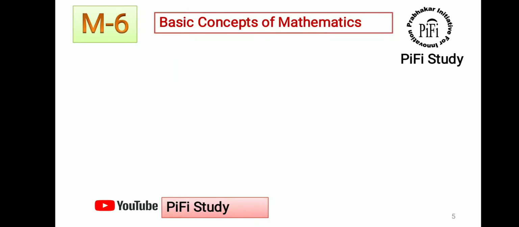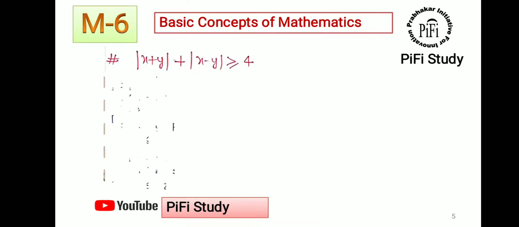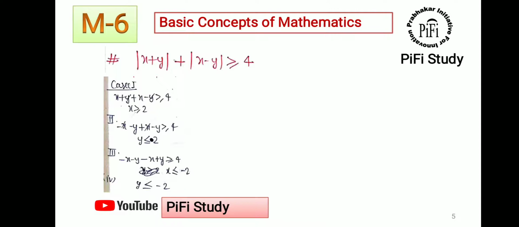Then if you have to plot the graph for mod x plus y plus mod x minus y greater than or equal to 4, do the same thing. Divide the whole problem into small cases. Case 1: if mod x plus y and mod x minus y are positive, then you get the condition x is greater than or equal to 2. If x plus y is less than 0 and the second one is positive, then you will get y is less than or equal to 2.